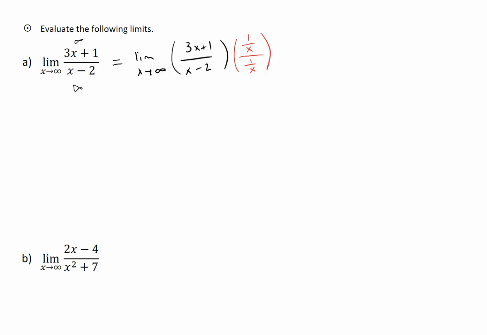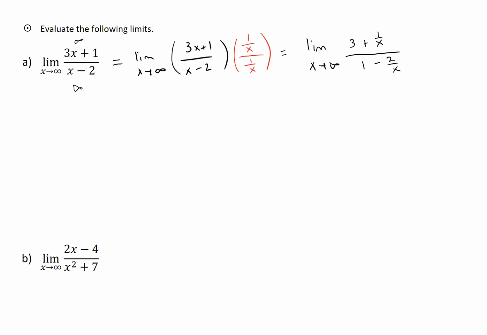So 1 over x to the degree of the denominator. So that gives me the limit as x approaches infinity. 3x times 1 over x is 3. 1 times 1 over x is 1 over x. And on the bottom I would have 1 minus 2 over x.